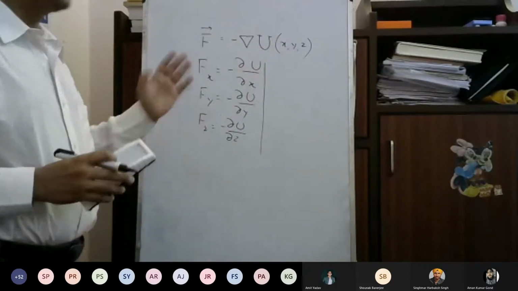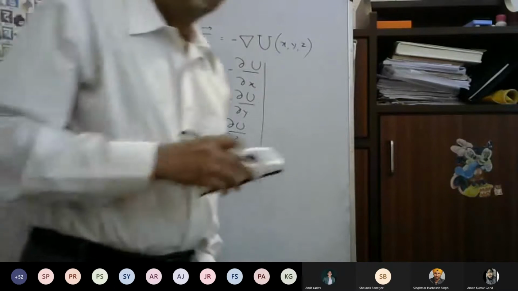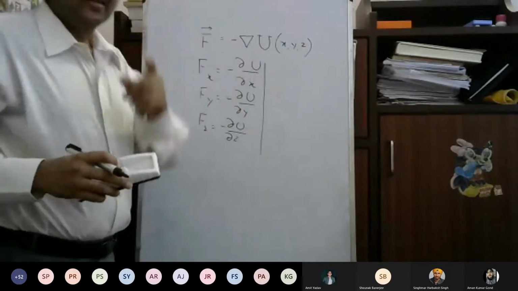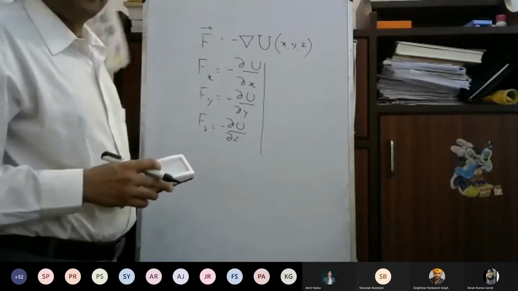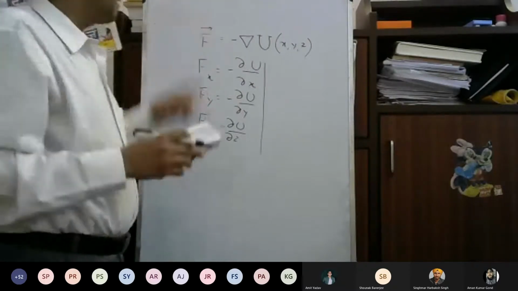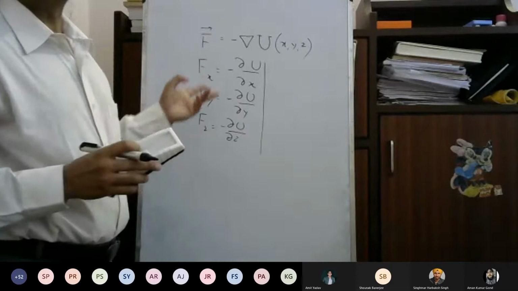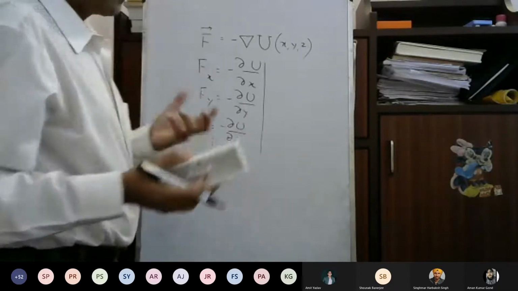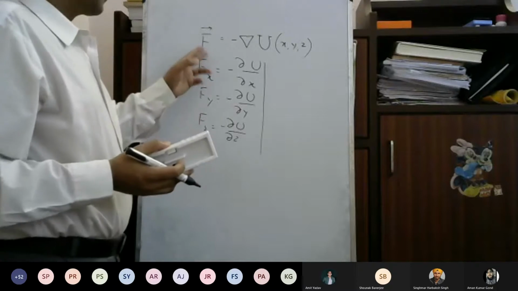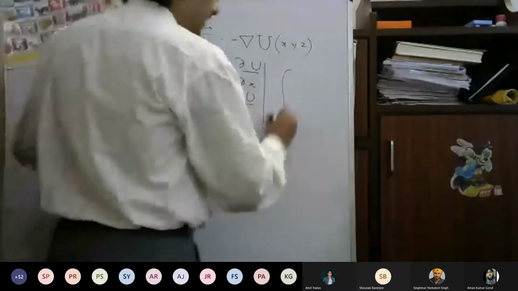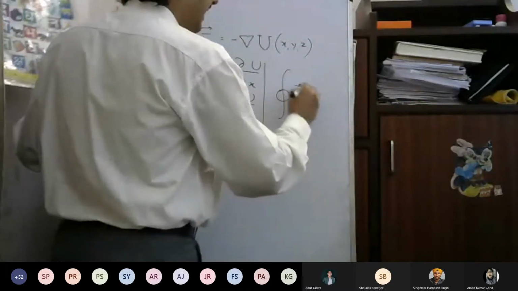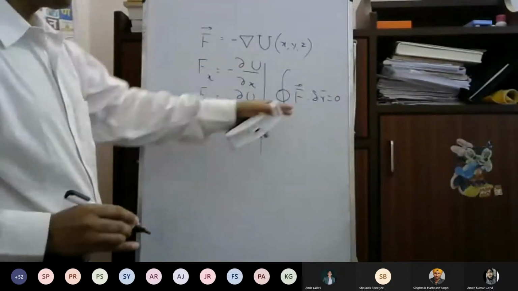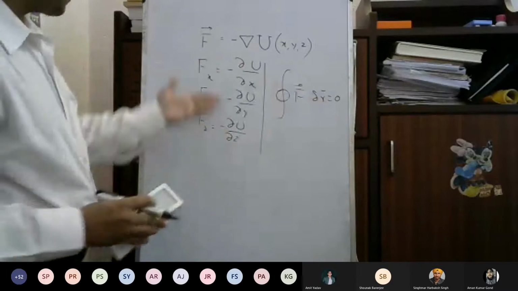The difference is that if this force acts on a particle and the particle comes back to its own position after some time, then the total work done by a conservative force vanishes, whereas for a non-conservative force it does not vanish. It becomes some substantial quantity. If you consider that cycle, the integral of F dot delta R becomes 0 for a conservative force and is not equal to 0 for a non-conservative force.